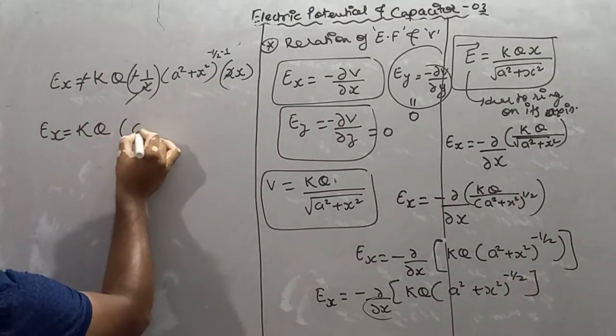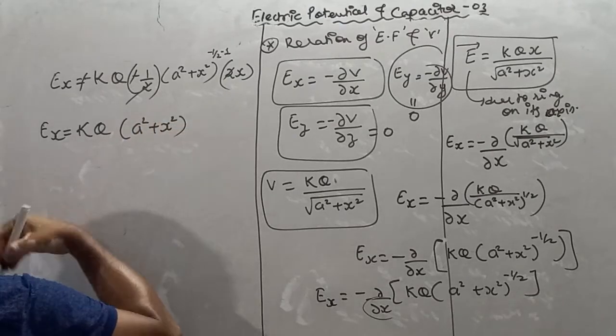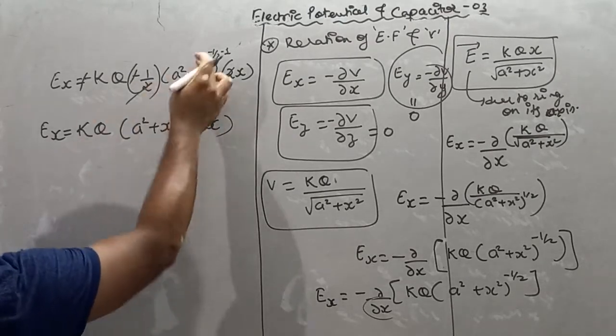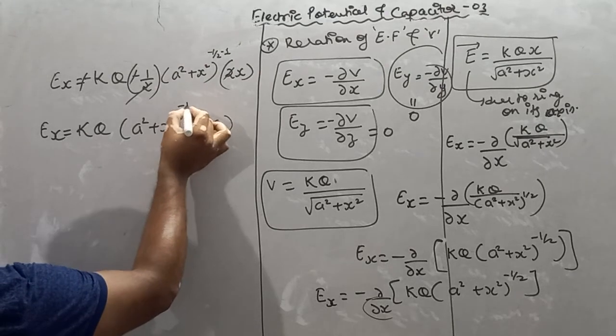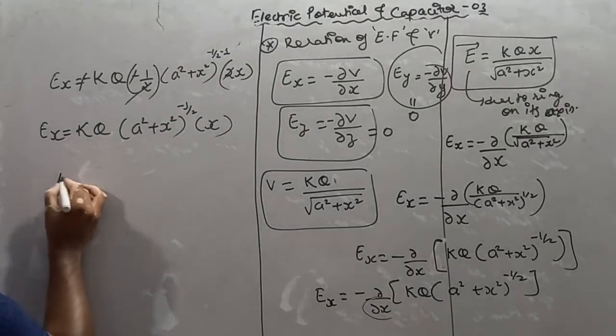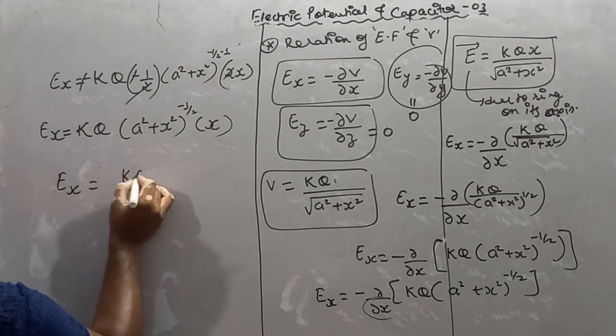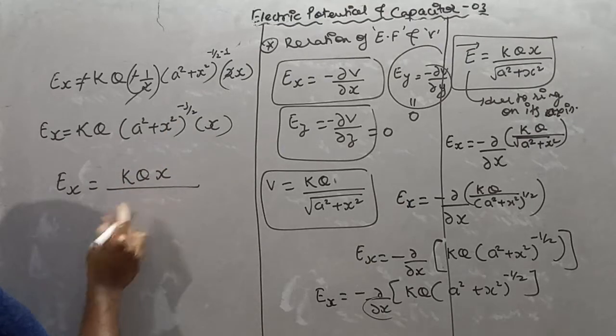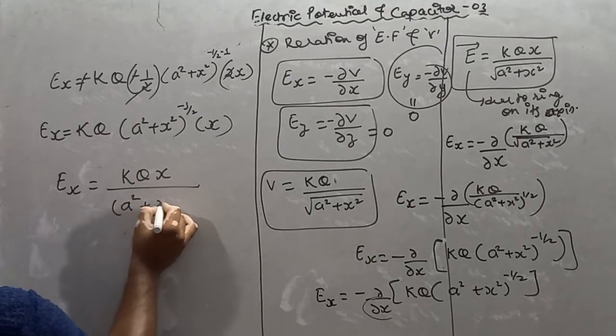So kq times a square plus x square, and x is there, with power minus half minus 1, which is minus 3 by 2. So Ex is equal to kqx upon a square plus x square, with the power going downwards.